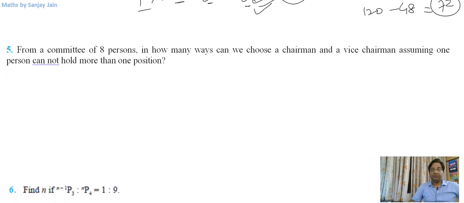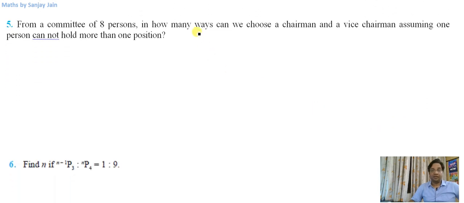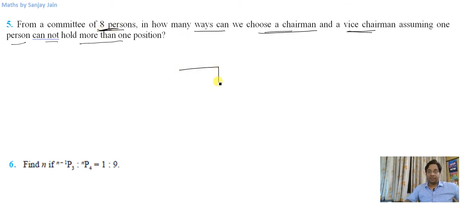Form a committee of 8 persons. In how many ways can we choose a chairman and vice chairman, assuming one person cannot hold more than one position? Okay, so out of 8 persons, we have to select a chairman and a vice chairman, right? Now I need to fill 2 places.